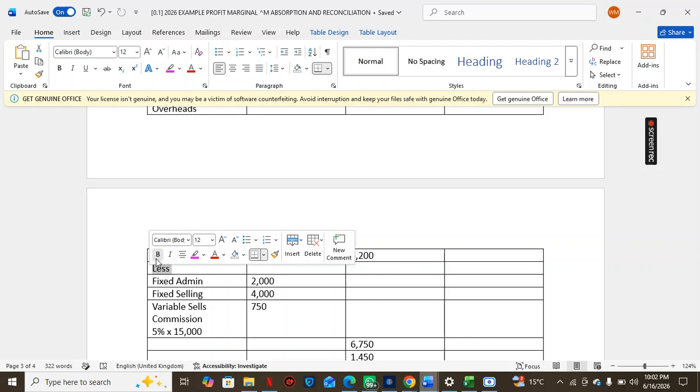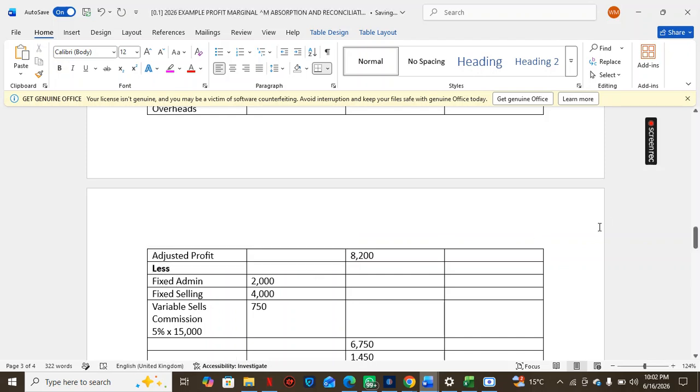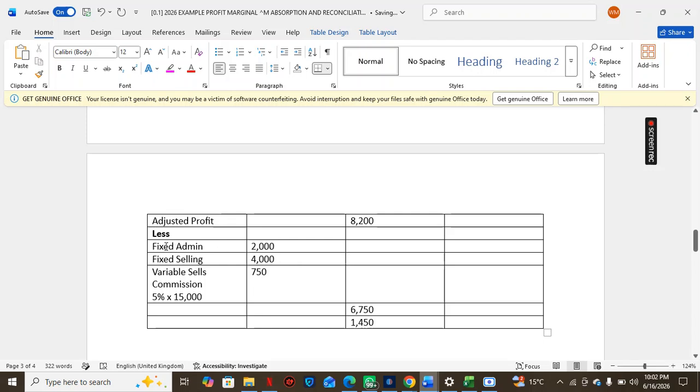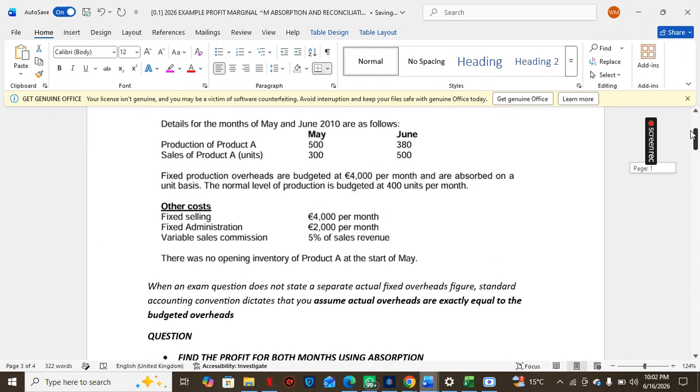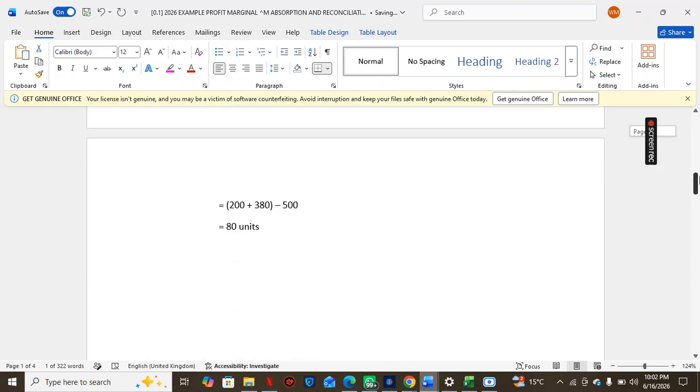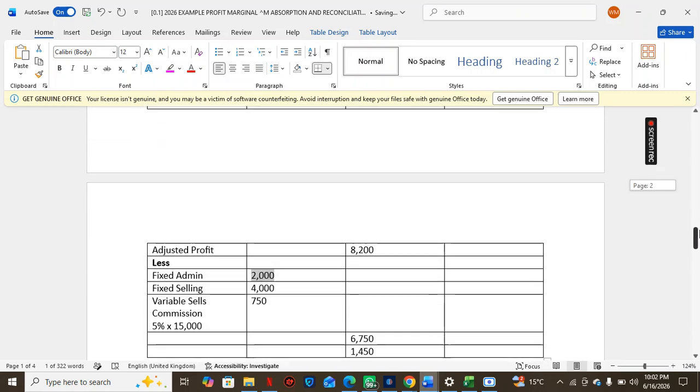Now we can deduct the period costs. Fixed selling and admin. This 2,000 is coming from here, fixed admin, 2,000. Fixed selling, 4,000. Variable sales commission, 5% over the sales revenue, 15,000.